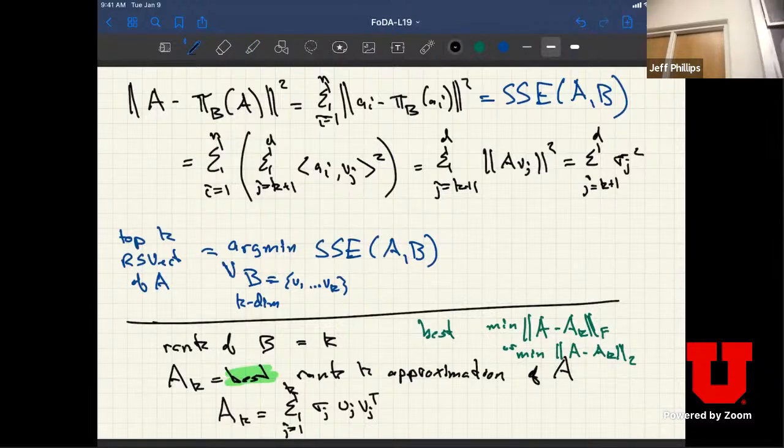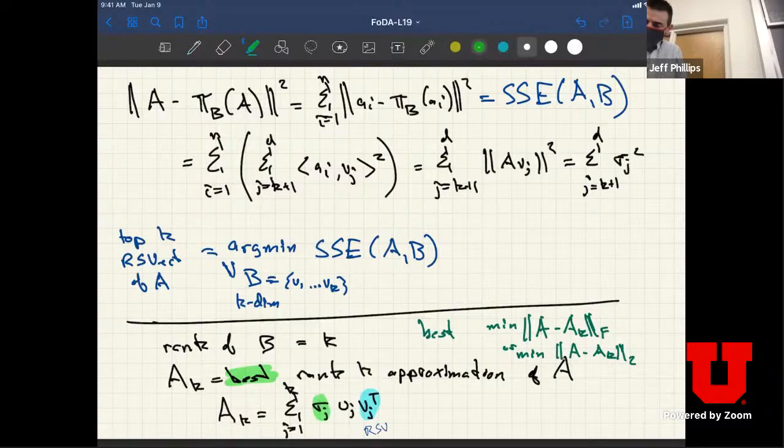Okay, this is one way of writing this, and the vj again is the right singular vector, and the uj is the left singular vector.